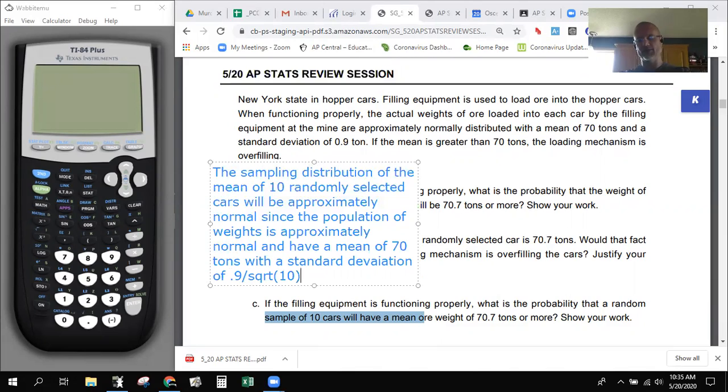Okay, so that's the standard deviation of the sampling distribution of means. And we can call it standard deviation here because we knew the population standard deviation. So I'm going to say equals... I don't know what that is, so I'm going to go get it.